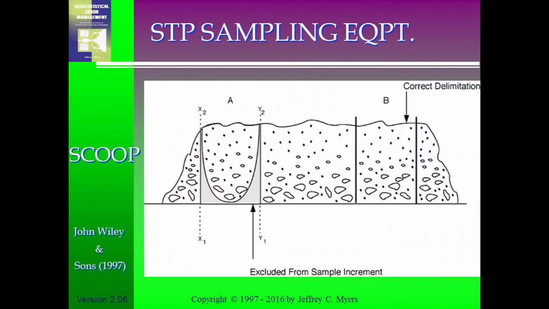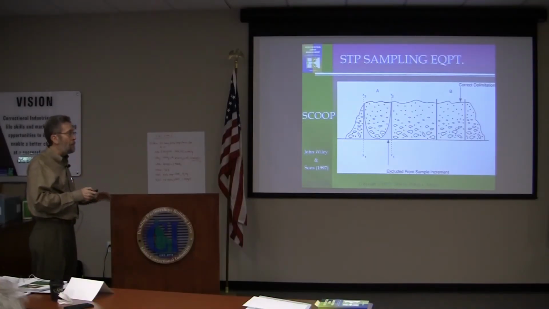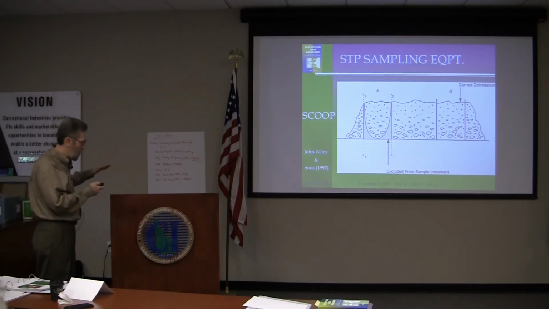Because you can see that it's possible that the big stuff's at the bottom, or it's possible that the fine stuff is at the bottom. You may or may not know. The other problem is that if you use a scoop, like a trowel or a scoop, even if you have it mixed pretty well, you can still get a bias because the scoop will omit a portion of the increment.